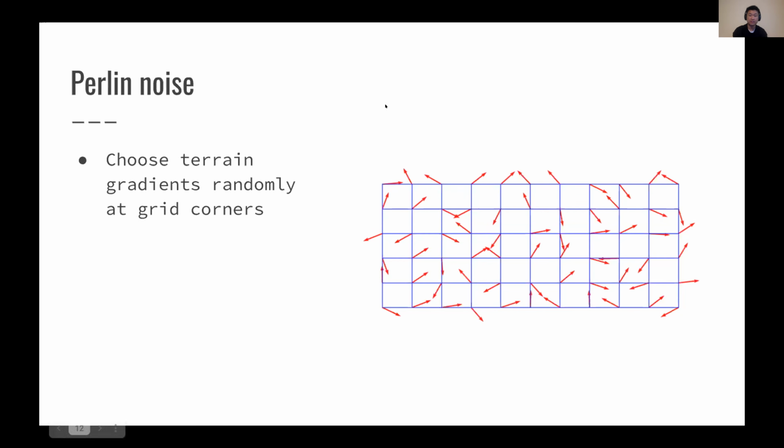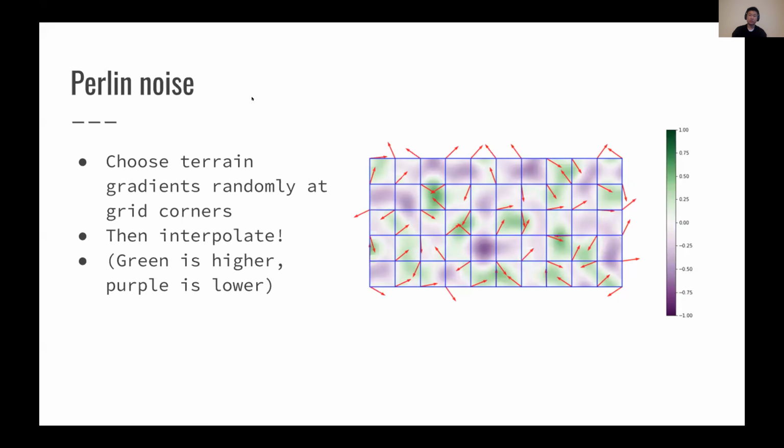You can see here we have this little table of grid squares. At every corner, we've picked a random unit vector, a random directional vector with length 1 pointing in a random direction.